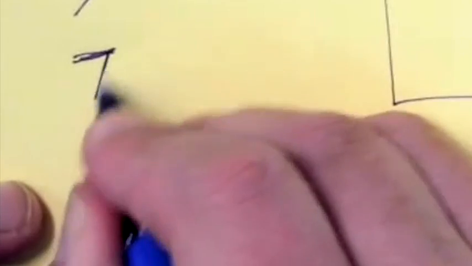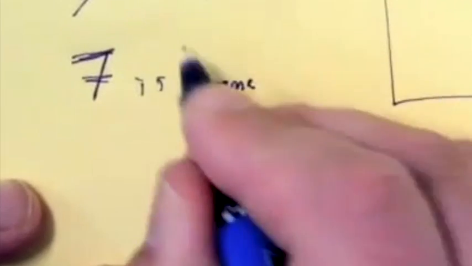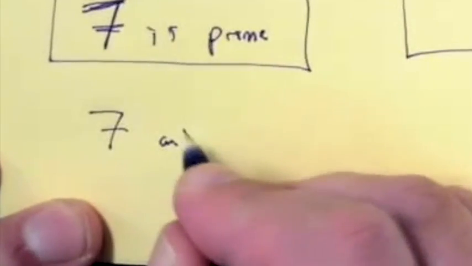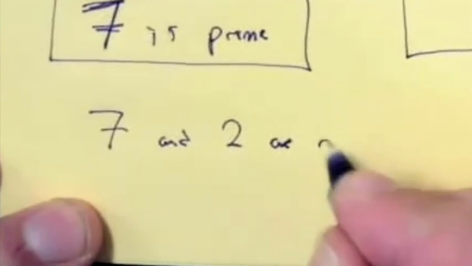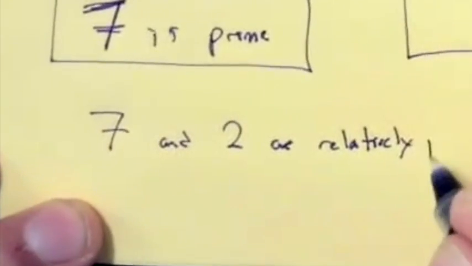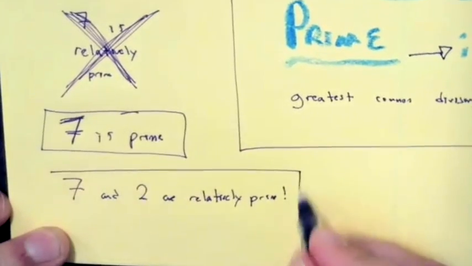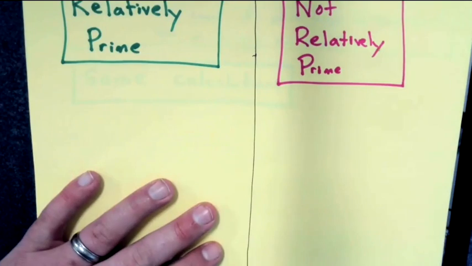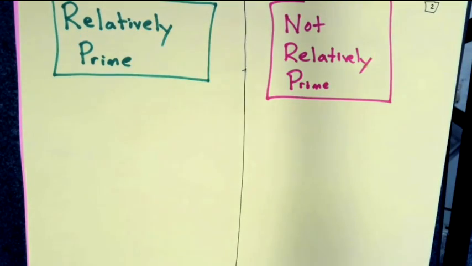That's not true. That's nonsense. It's true to say 7 is prime, but relatively prime, just like the name suggests, is a relationship. It would be correct to say 7 and 2 are relatively prime because there's nothing larger than 1 that divides both of them.